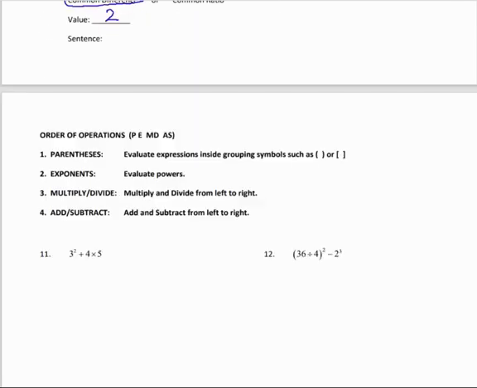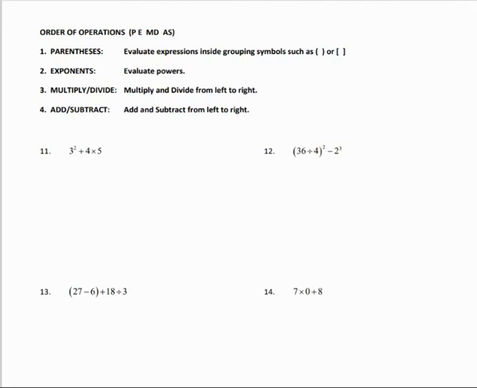All right, let's look at a couple order of operation problems. Okay, so let's go down to number 11. Number 11, we're going to follow PEMDAS. We do not have any parentheses, so we can skip that. We do have exponents. So we're going to do 3 squared first, which means 3 times 3, which is 9. Then I just bring down the other operations.